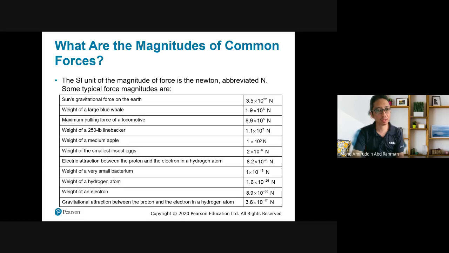Some typical force magnitudes: the sun's gravitational force, the weight of a large blue whale, the maximum force of a locomotive. Remember that weight is a force, but mass is not a force. A pulling force.